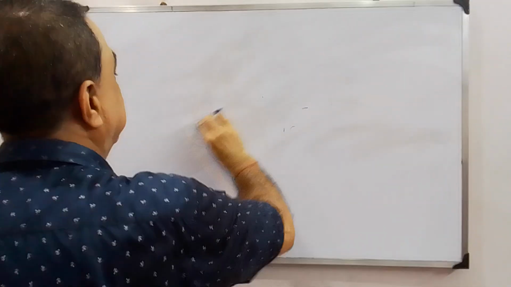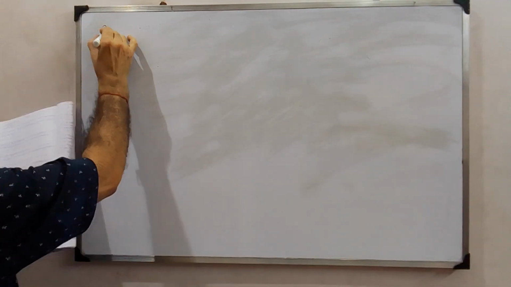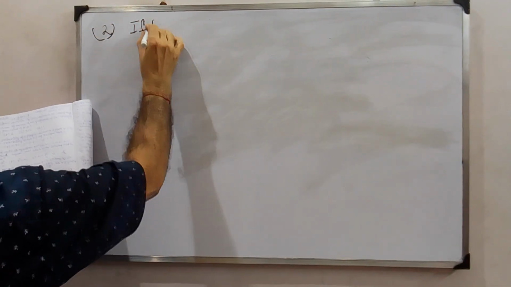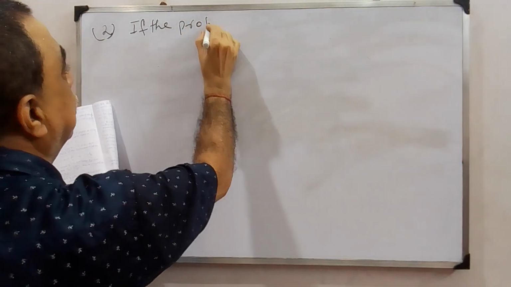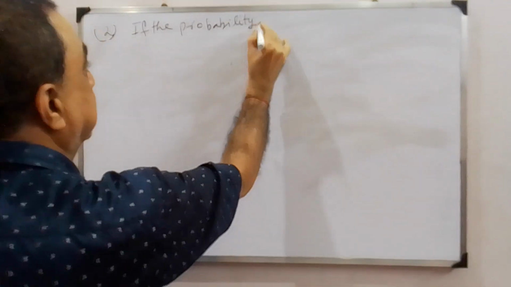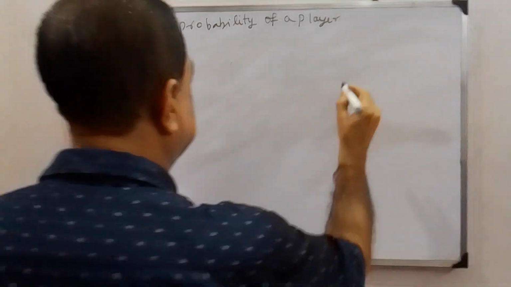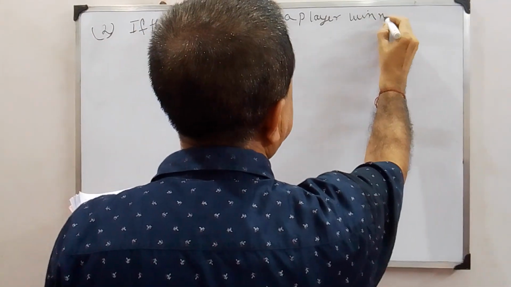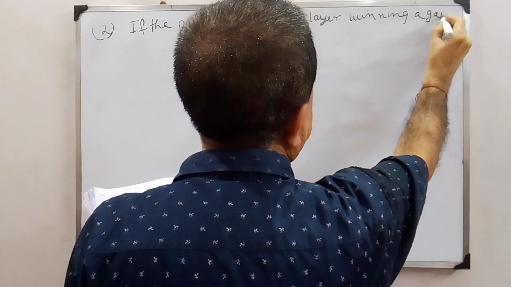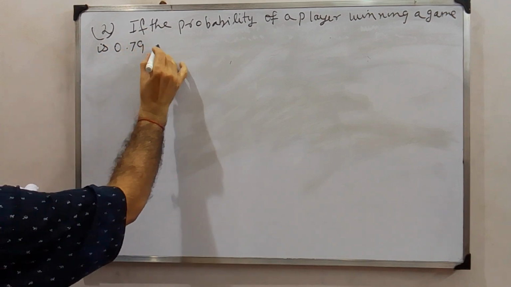The question is like this: if the probability of a player winning a game is 0.79, then the probability of his losing the same game is.